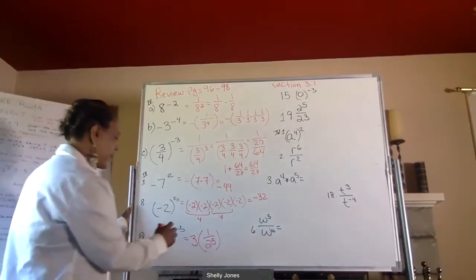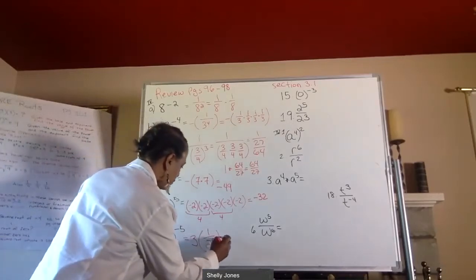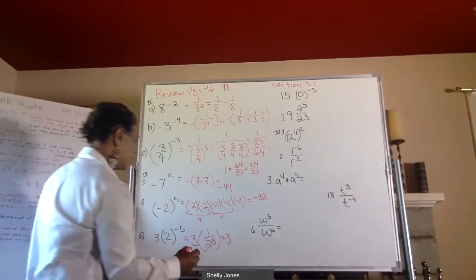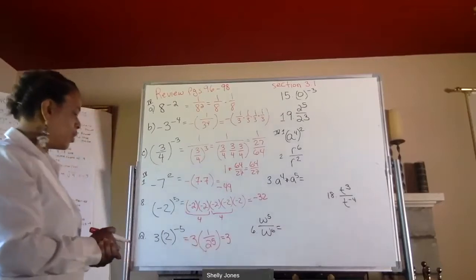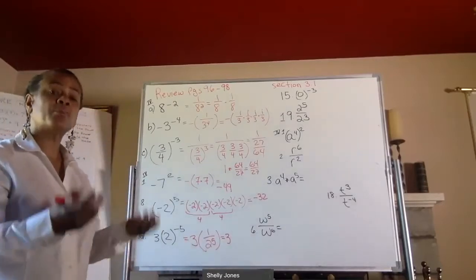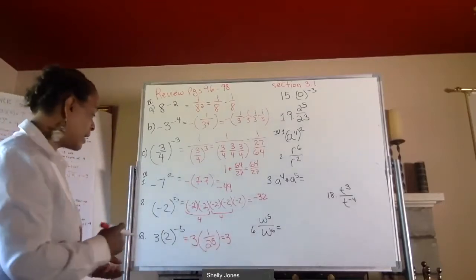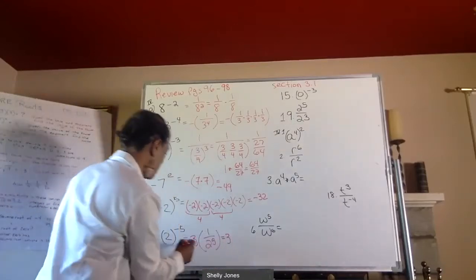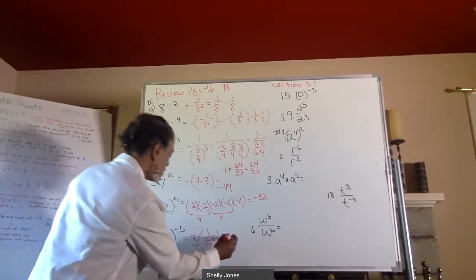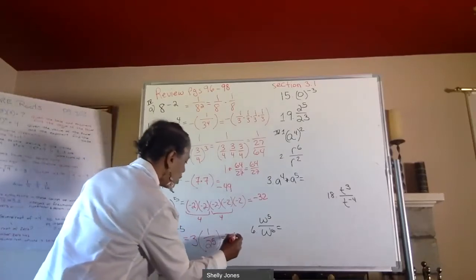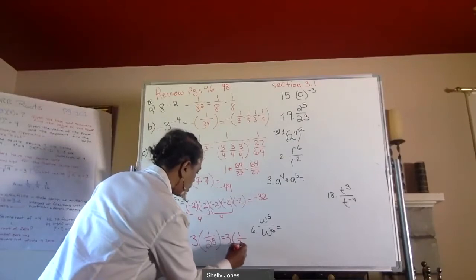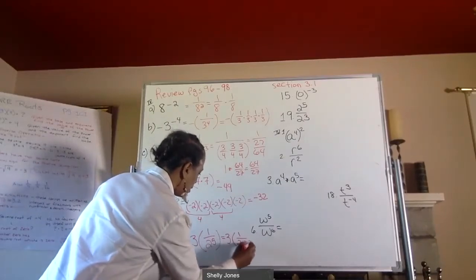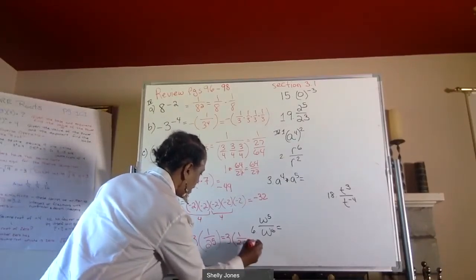So now that I have this, I have 3 times 1 over 1/2 times 1/2 times 1/2. I have that lots of times. So this is going to be 3 times 1 over 1, 2, 3, 4, 5.